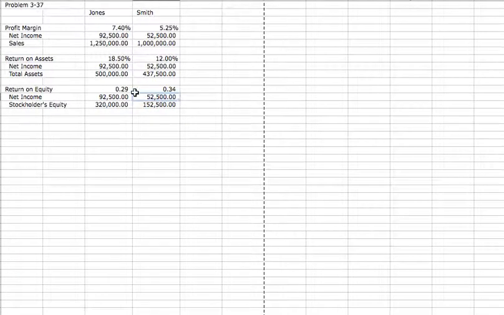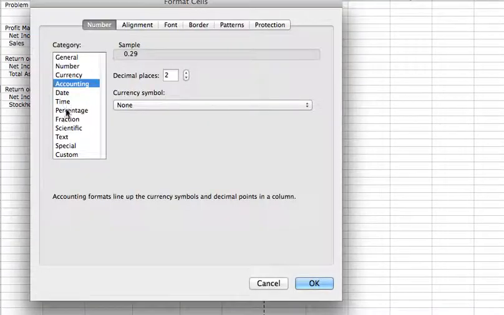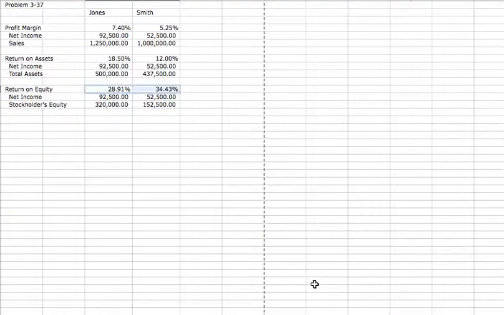And you can see in this case, let's format these again. Cells, percentage. That return on equity shows the opposite effect. But we're not done yet. That's profitability. Now we're going to look at our asset utilization ratios.